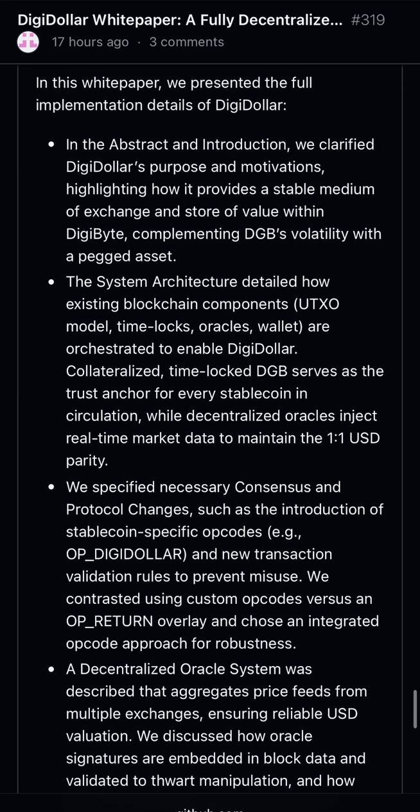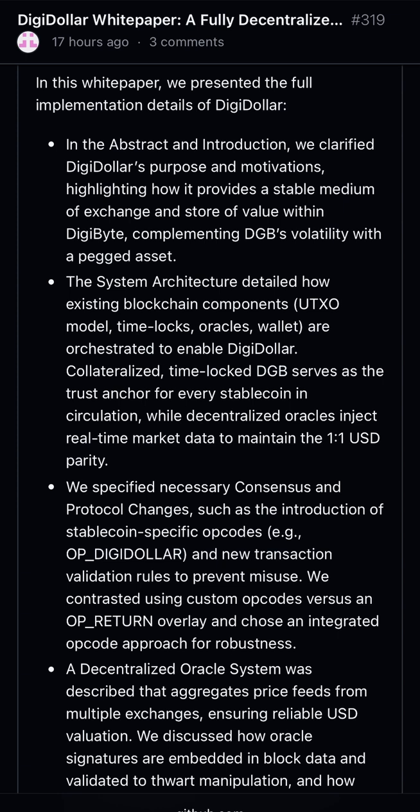In this white paper, we presented the full implementation details of DigiDollar. In the abstract and introduction, we clarified DigiDollar's purpose and motivations, highlighting how it provides a stable medium of exchange and store of value within DigiByte, complementing DGB's volatility with a pegged asset.